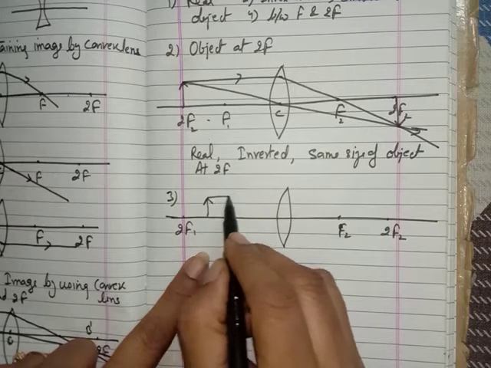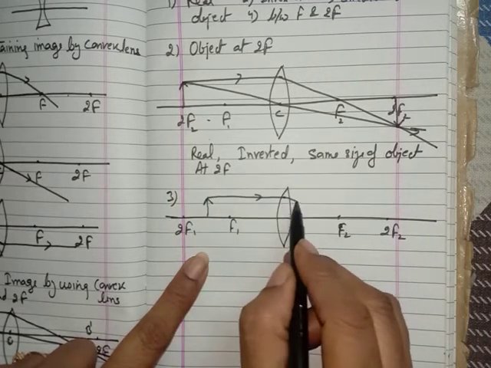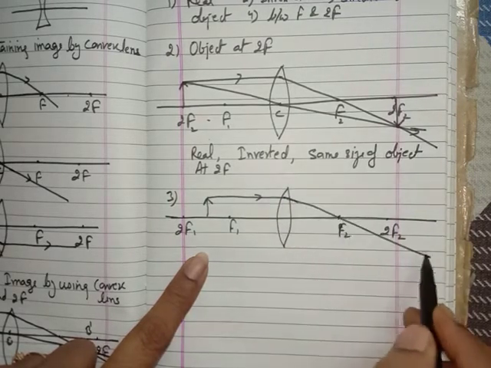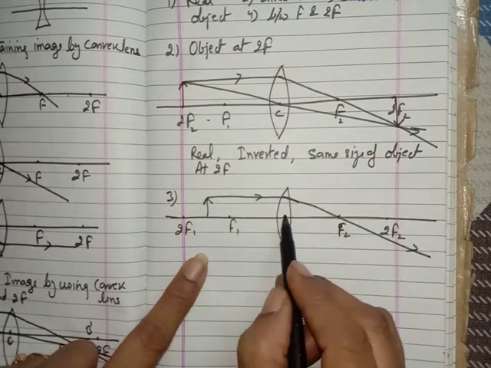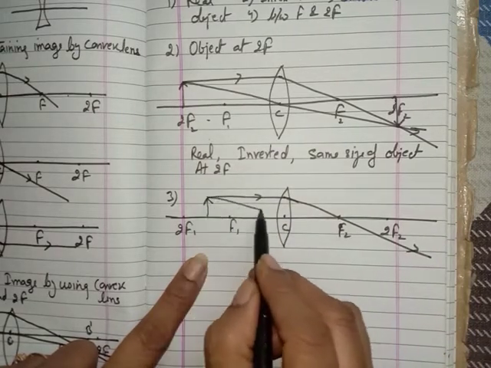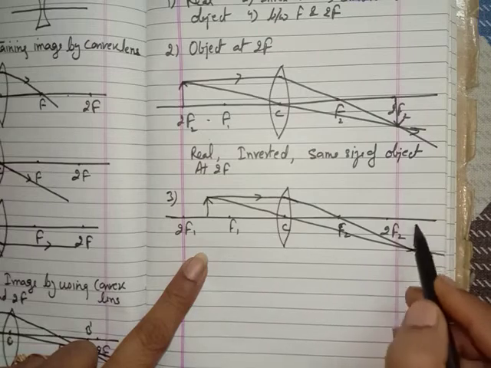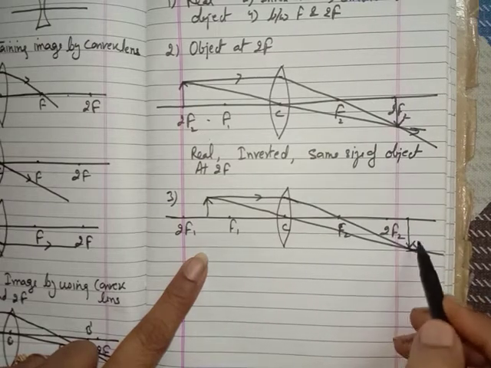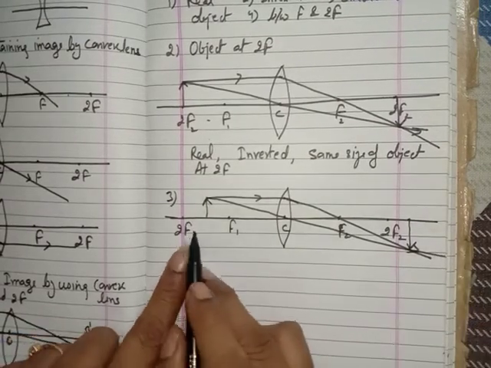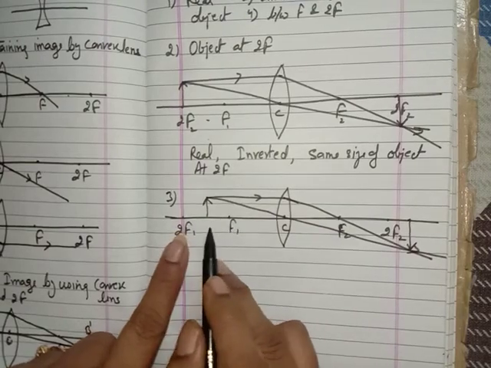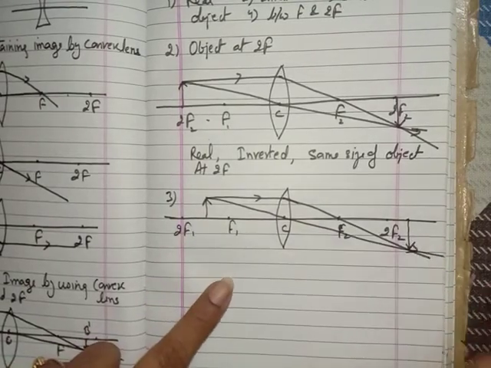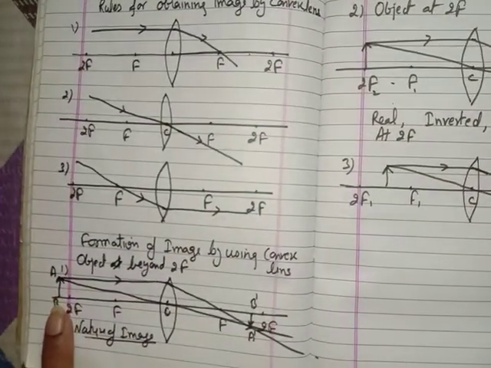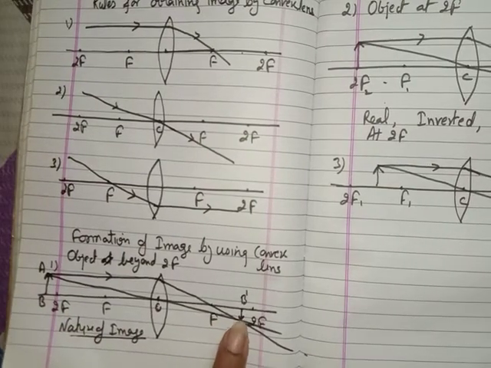So first, the light which is coming parallel to the principal axis passes through the principal focus, and the second one, which passes through the optical center, always passes straight without any deviation. They always meet beyond 2f. So if we place the object between f and 2f, the image is always formed beyond 2f. Or if we place the object beyond 2f, the image is always formed between f and 2f.